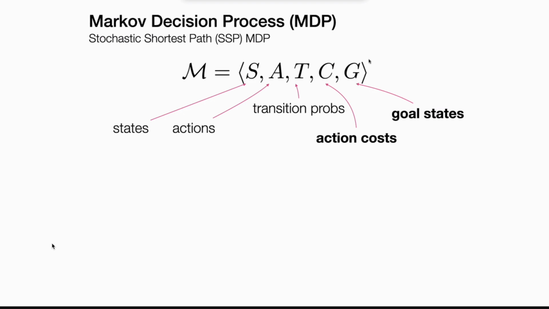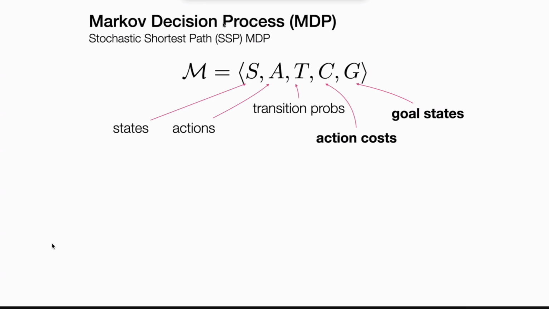In fact, most of this is the same as all the search problems and all the planning problems. We have states and actions. We're going to have costs for our actions. We have goal states that we're trying to reach. The only difference is we have this T in the middle, which is a transition function, which gives us our probabilistic model. And this particular version of an MDP, we're going to look at almost exclusively, is something called a stochastic shortest path problem, or an SSP.